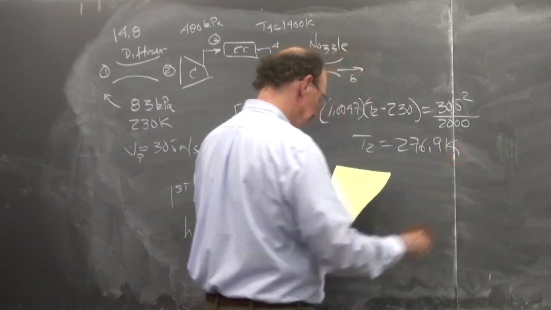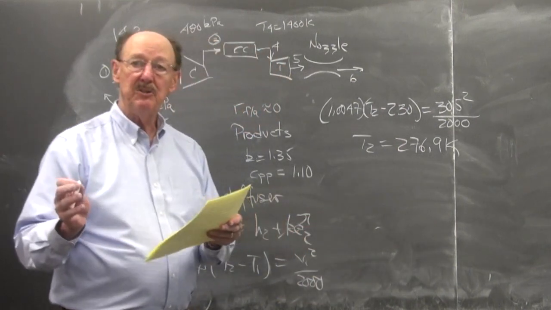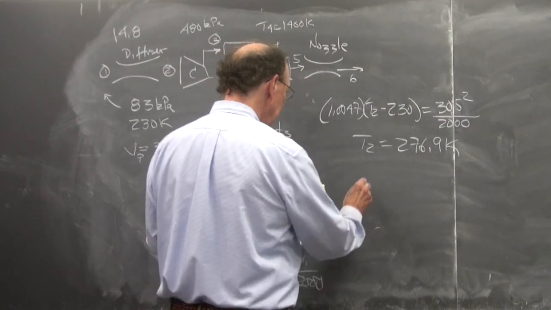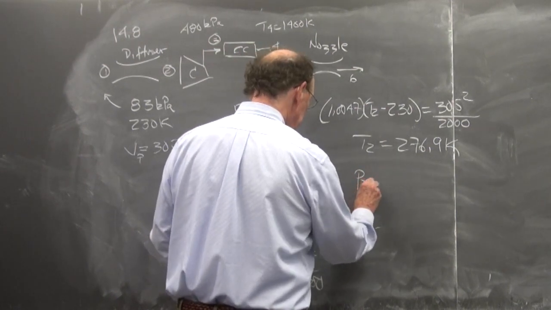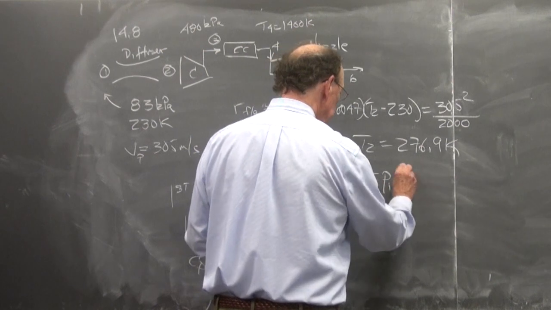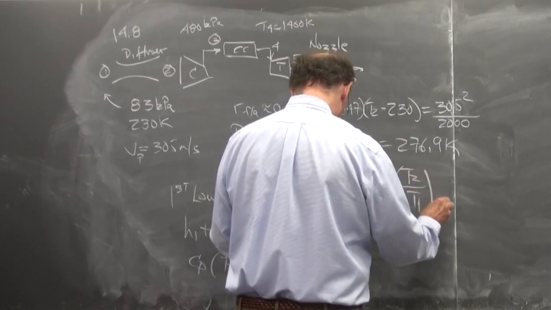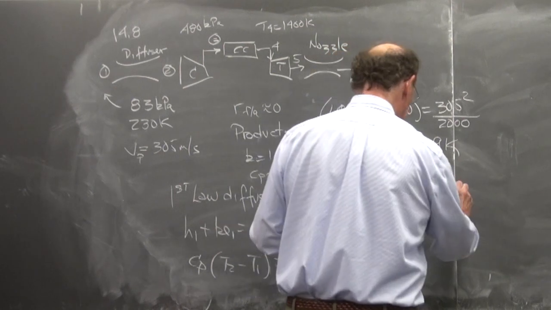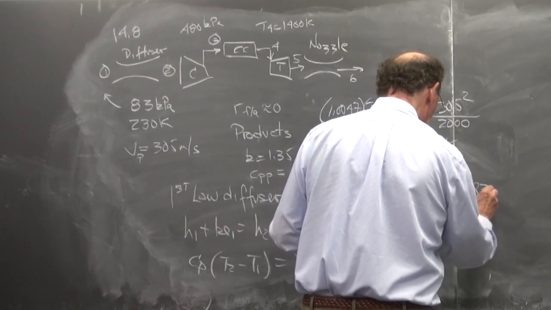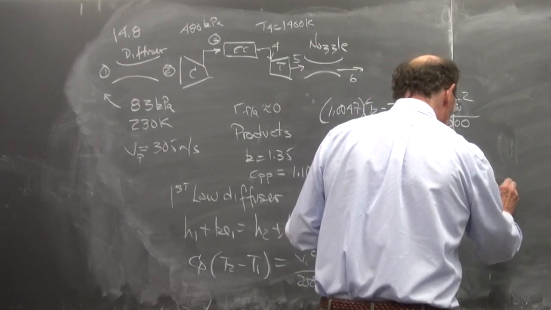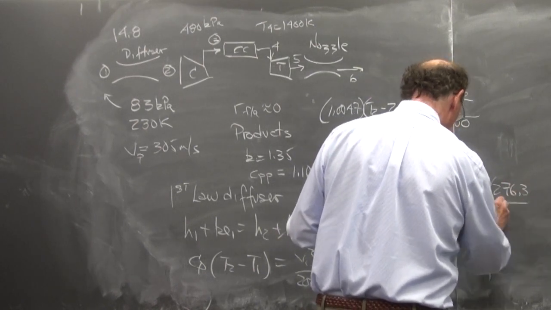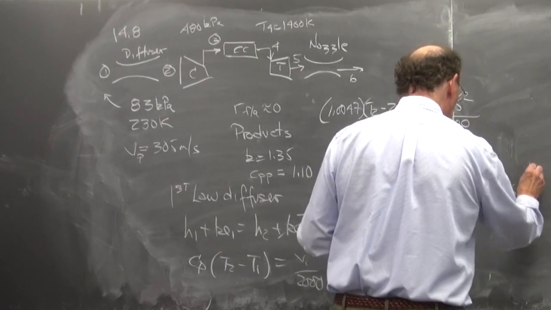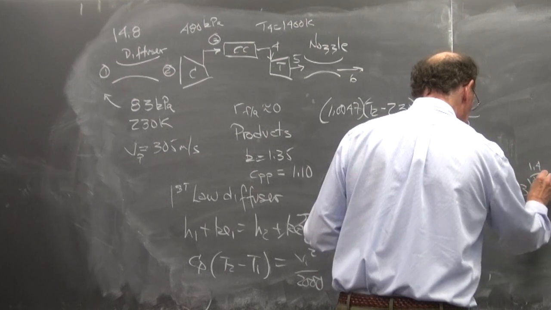And so I get that T2 is equal to 276.9 degrees K. Then I can use the reversible adiabatic relationships, Pv to the k, to find P. So P2 is equal to P1 times (T2 over T1) to the k over k minus 1. This is equal to 83 times (276.3 over 230) to the 1.4 over 0.4.